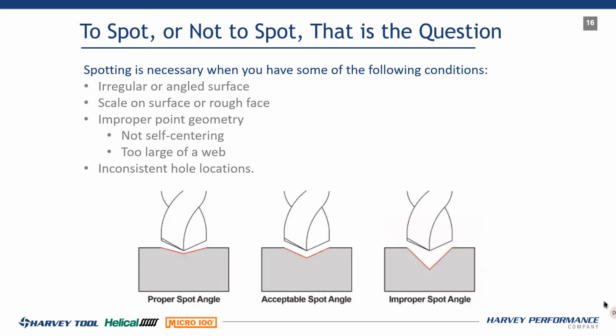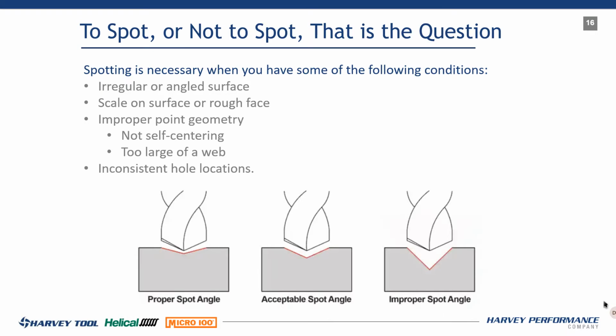You can look at the picture at the bottom of this and you can see a proper spot angle. So if we're using a 140-degree drill point or a 130 or 135-degree drill point, we want to go with a flatter angle. So we're going to pick a 140-degree spot or something that has a flatter angle on it. 118, you want to make sure it's flatter.